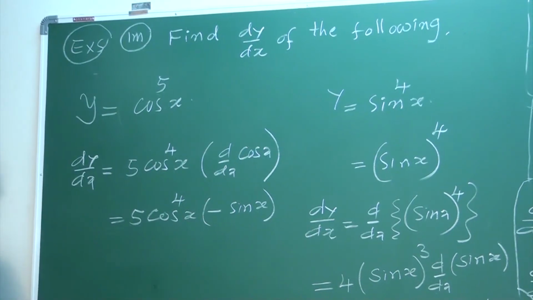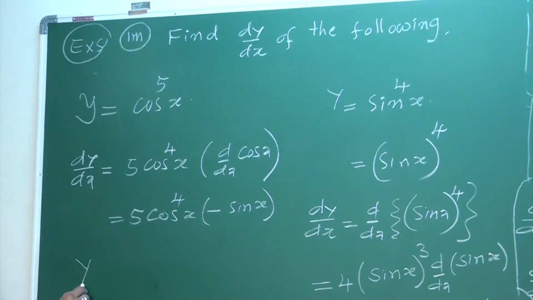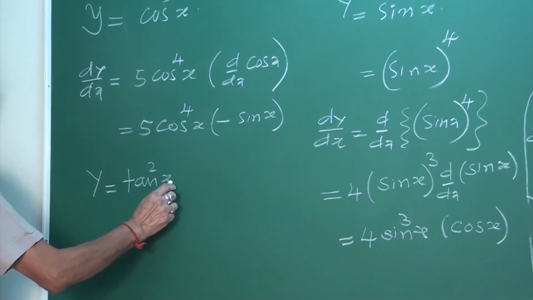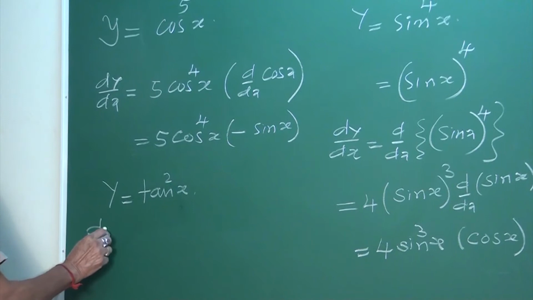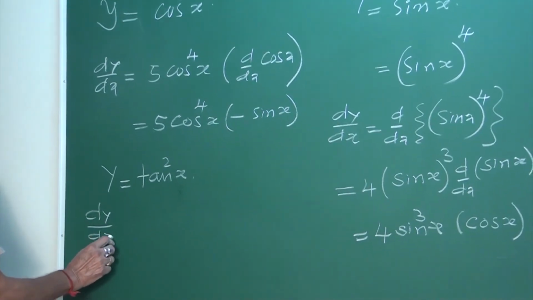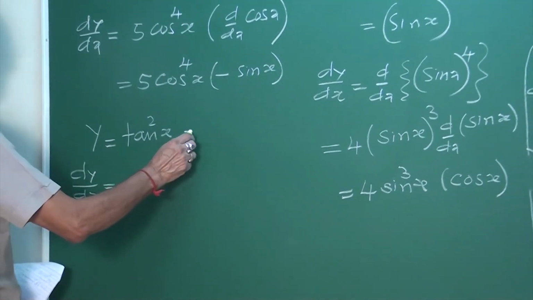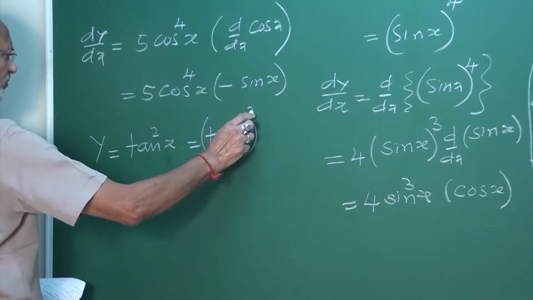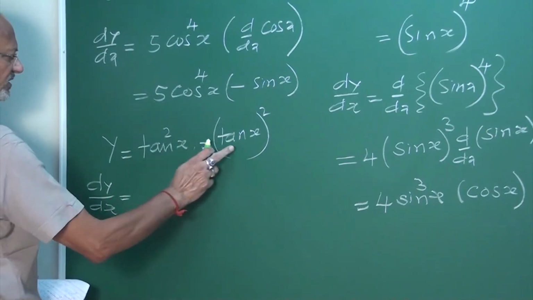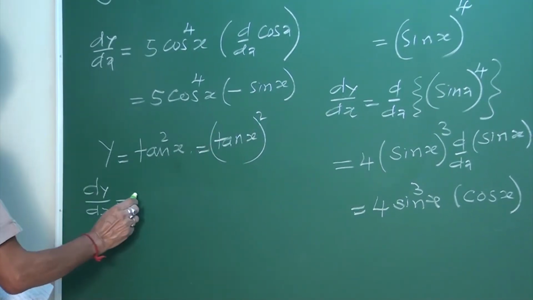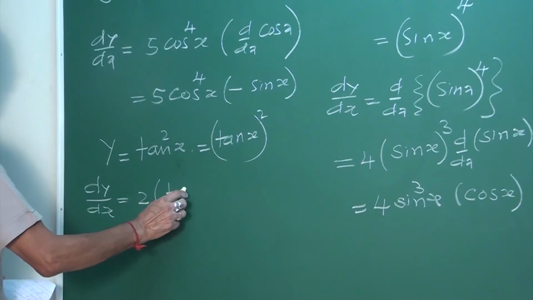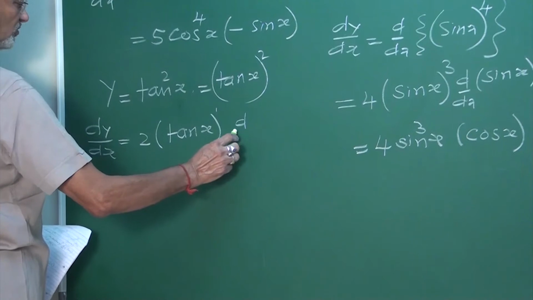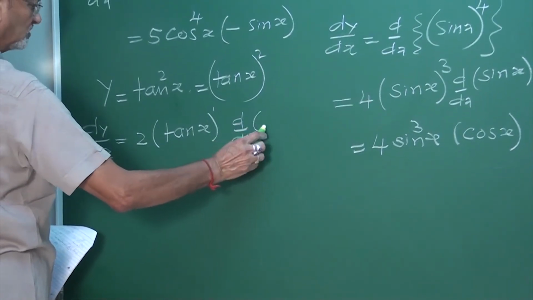Minus sin x. Like this now, even y equal to tan square x. Tell dy by dx. This tan square x can be written as what? Tan x to the whole square. If you want confusion here, power 2, 1 power less, 2 minus 1 is 1, into derivative of inside, tan x.